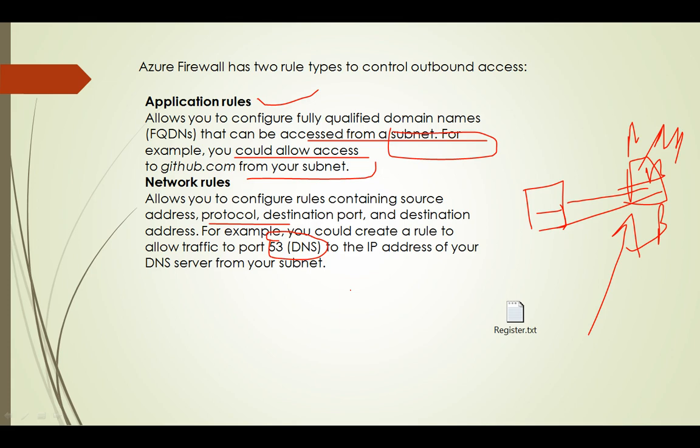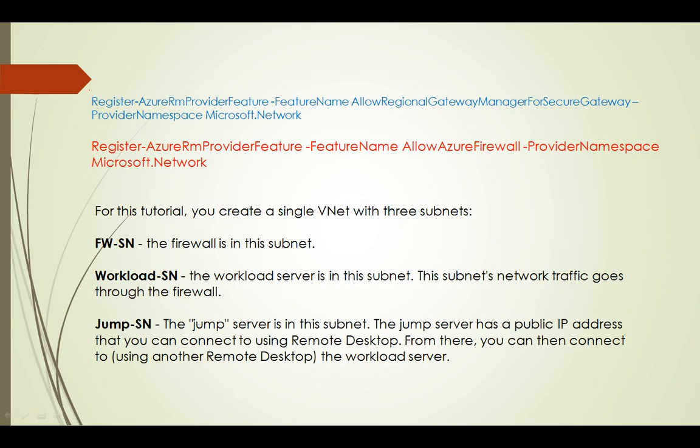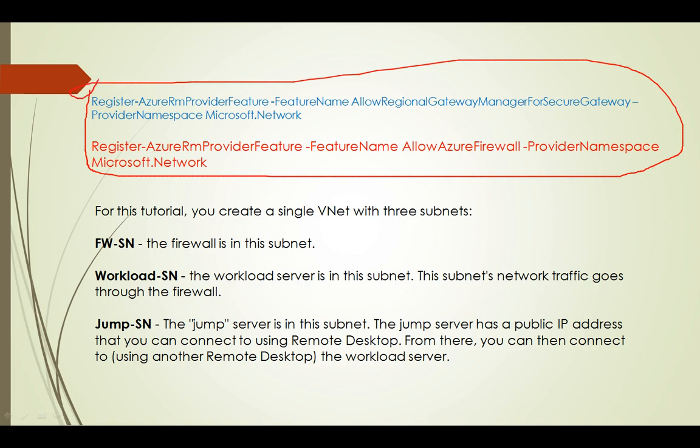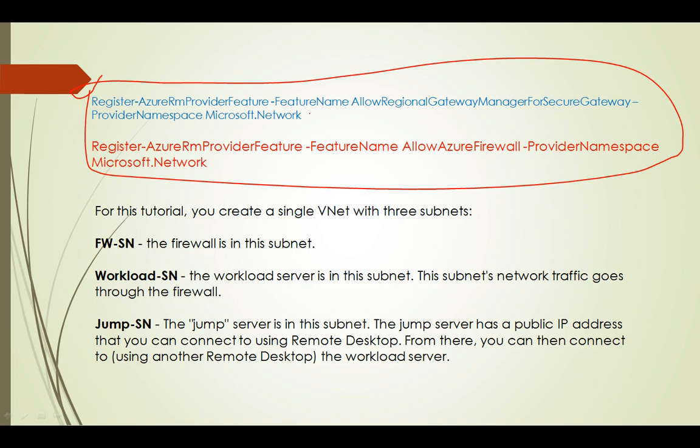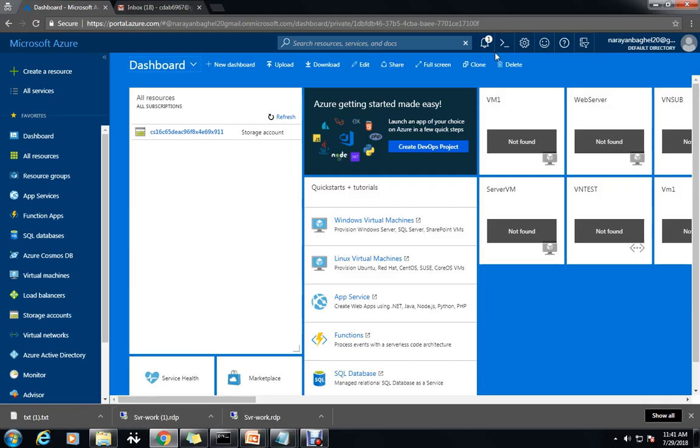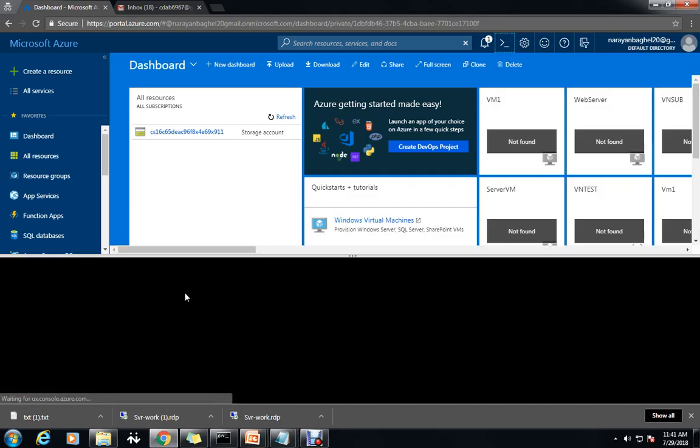Before going further, I will tell you this firewall is a preview version available on Azure, so we have to register it. For that, we need to run these two commands, which you can find on Google itself. You just need to paste both commands in PowerShell. It will take some time to register.